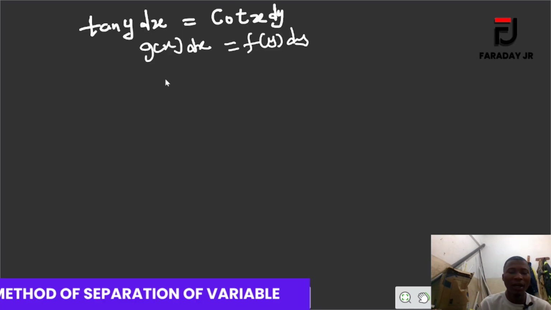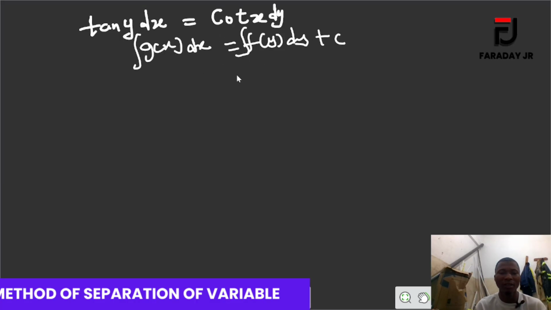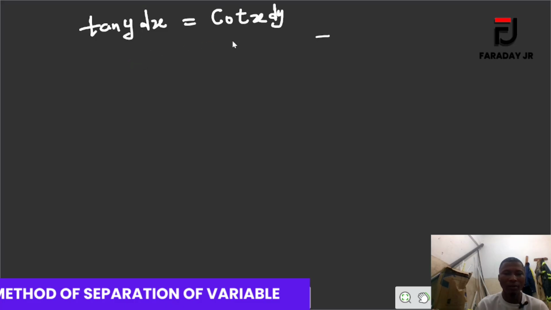Realize that we have a function in terms of x and a function in terms of y. After we have established this, the next thing we are going to do is integrate both sides of the equation, after which we can move on to solve and get our results. And that is basically what we are going to do in this question. Okay, so let's move on with it.